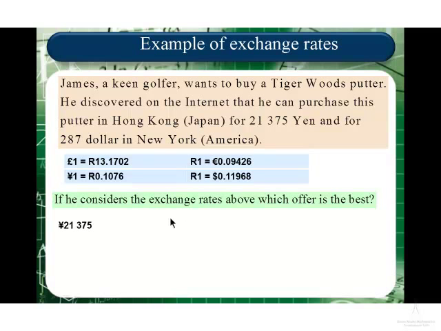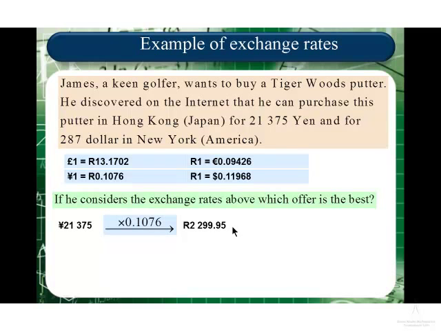Now, if I have the cost of this particular putter as 21,375 yen, to exchange this into rands, clearly I just have to multiply by the ratio given here, because if 1 yen costs so many rands, then 21,375 yen will be this particular number times this ratio, which gives us then an amount of 2,299 rand and 95 cents.